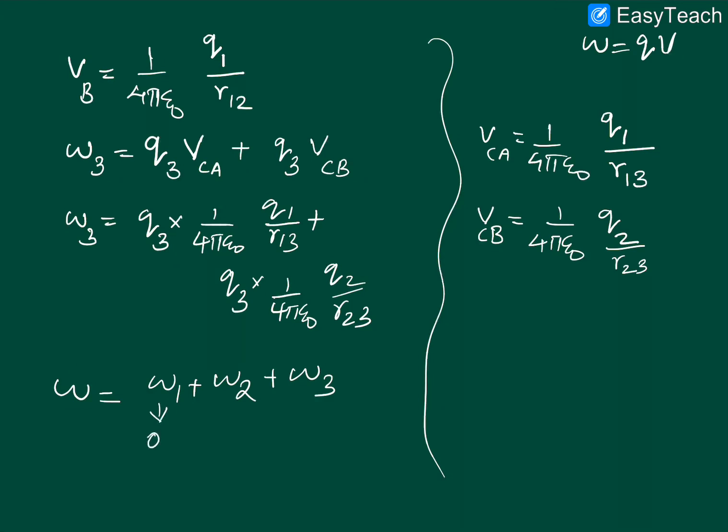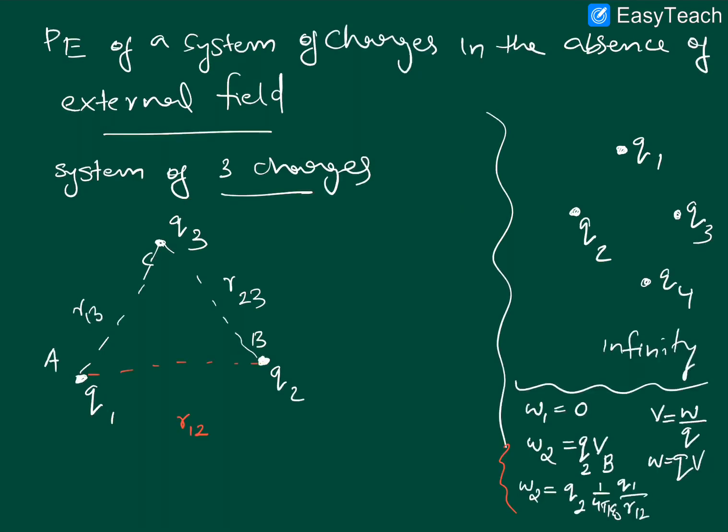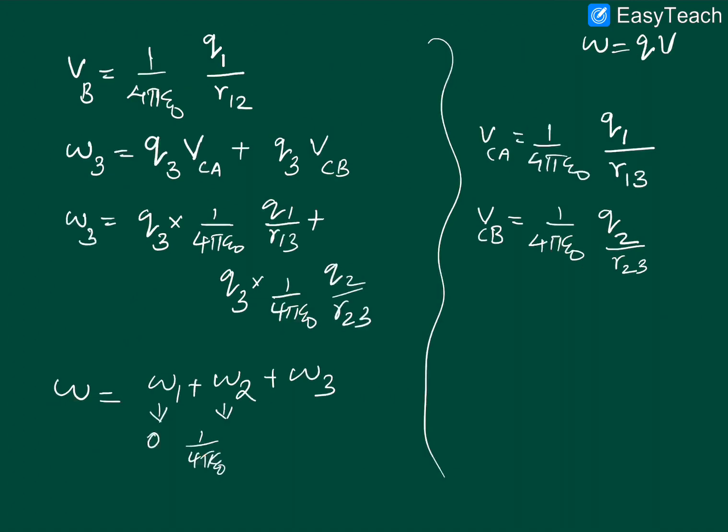This W1 is 0. What is W2? W2 is 1 by 4 pi epsilon 0 Q1 Q2 by R12.